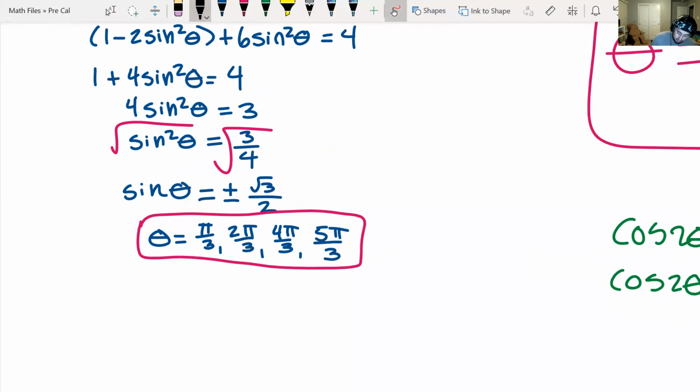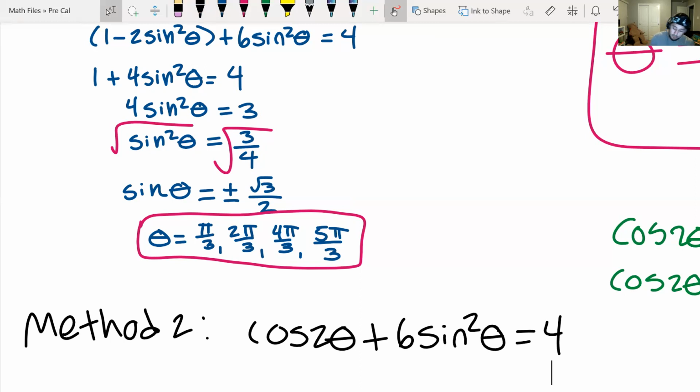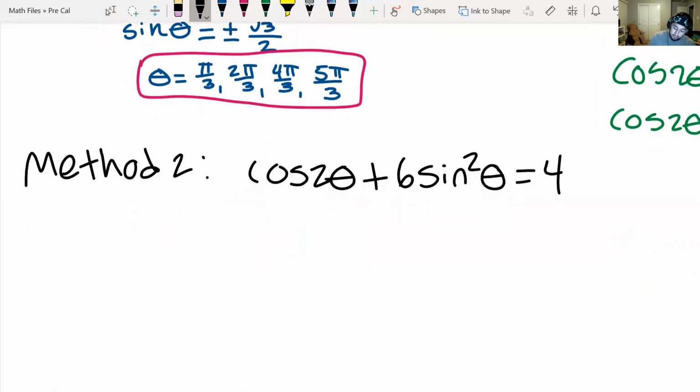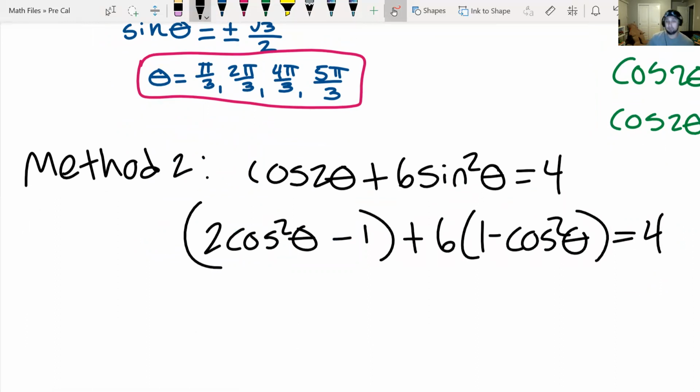So again, method 2. I'll rewrite it, cosine 2 theta plus 6 sine squared theta equal to 4. This one's going to involve 2 identities. First identity is changing cosine 2 theta into 2 cosine squared theta minus 1. And the next identity is changing sine squared into 1 minus cosine squared theta, equal to 4.